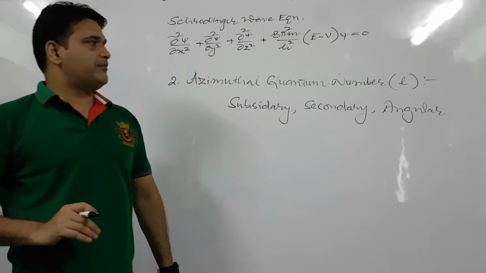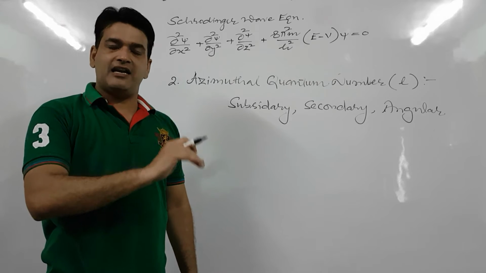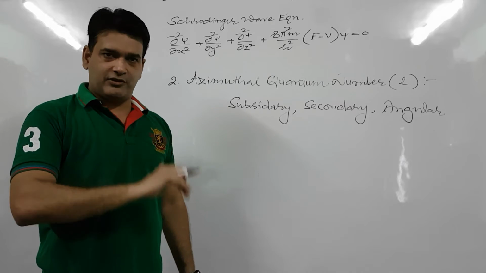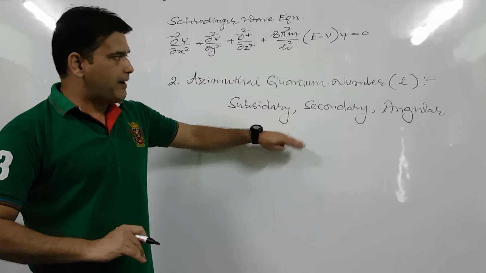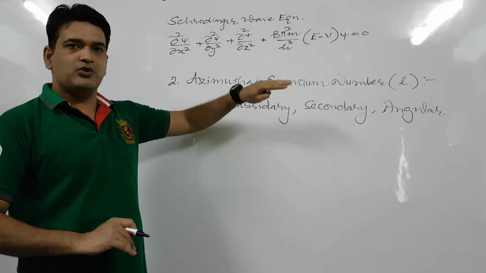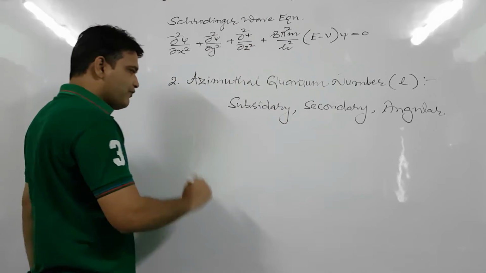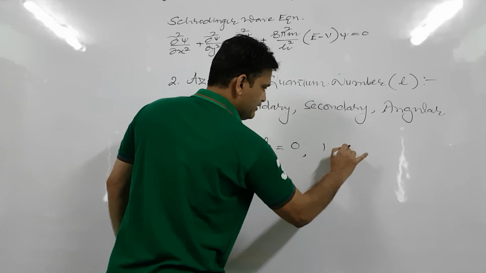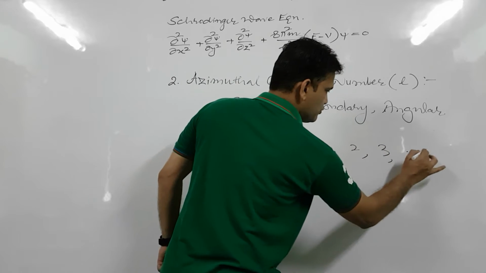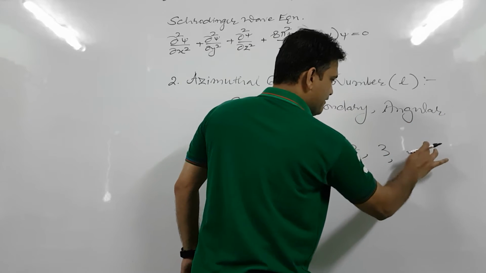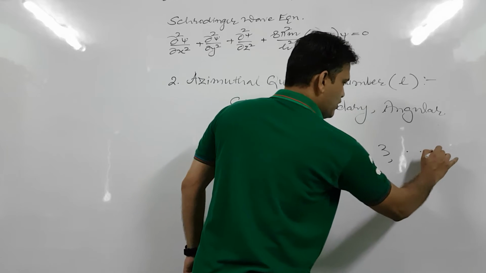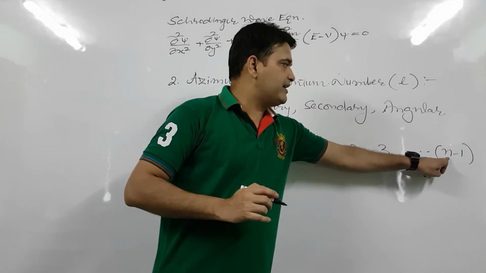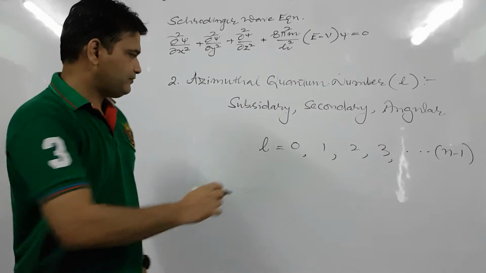And azimuthal quantum number tells us about the subshell of the electron, but its value depends upon the shell, or you can say the principal quantum number. For example, l is equal to 0, 1, 2, 3 and so on. As I have told, its value depends upon the principal quantum number, and its value extends up to n minus 1.